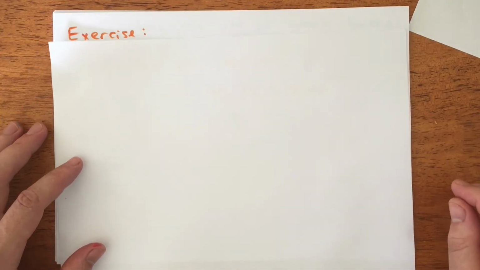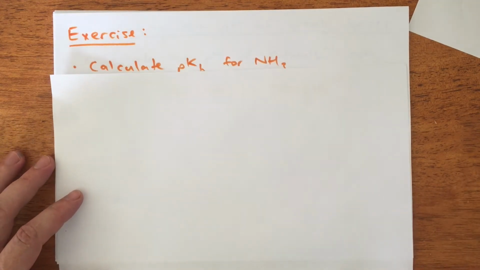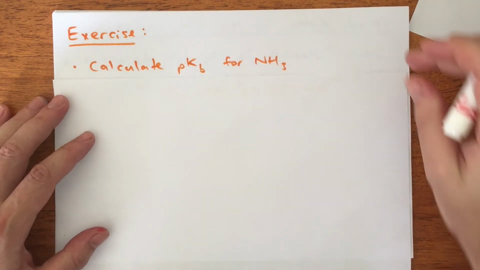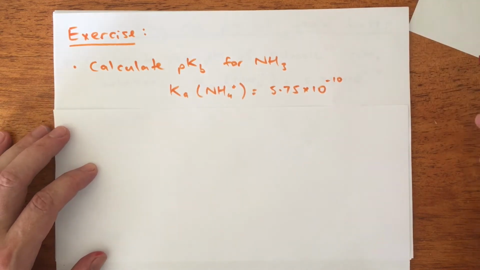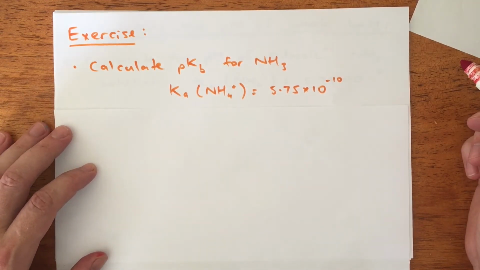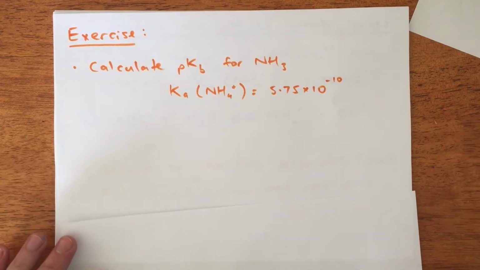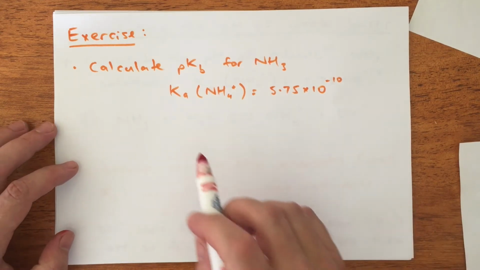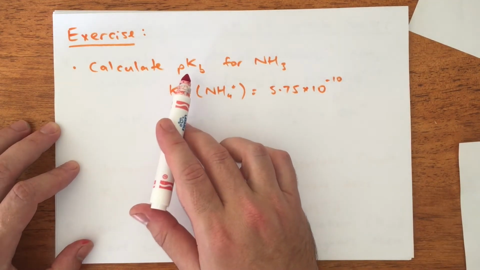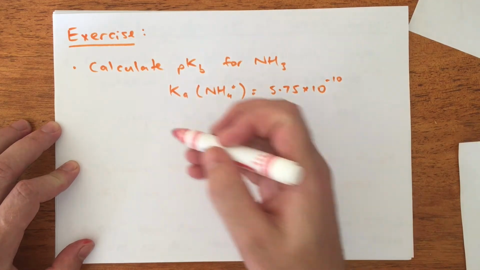So let's work through some calculations here. First exercise: calculate pKb for ammonia, given that the Ka for ammonium, its conjugate acid, is 5.75 times 10 to the minus 10. This is going to be a two-step calculation. First of all, to calculate pKb, I need to start with Kb.